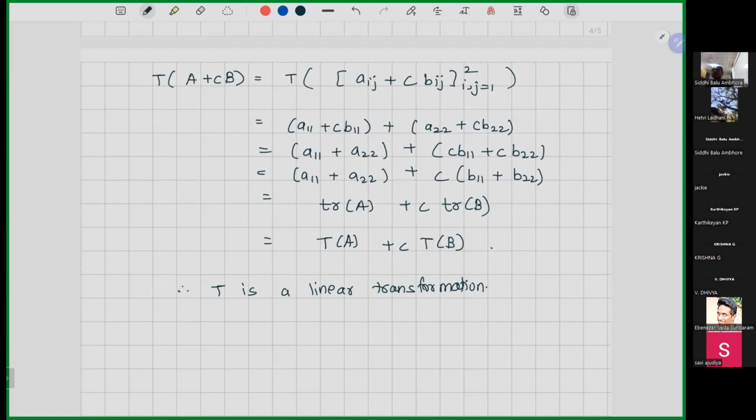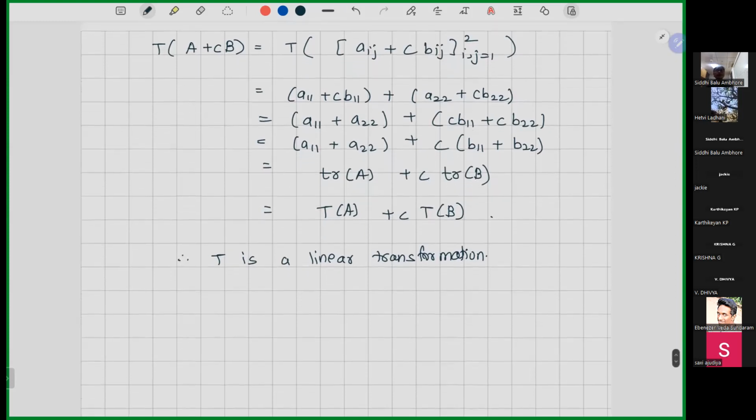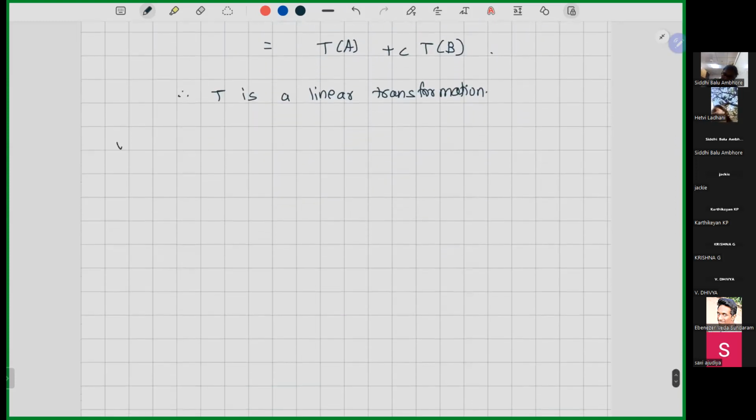Instead of checking the two conditions of addition and scalar multiplication, we have combined them, and obtaining that T of A plus cB giving us T A plus c T B is enough to conclude whether T is a linear transformation or not.